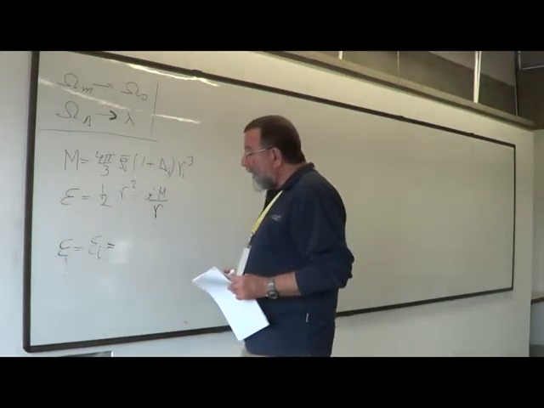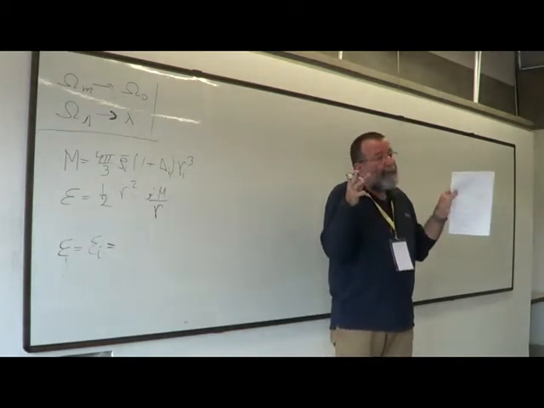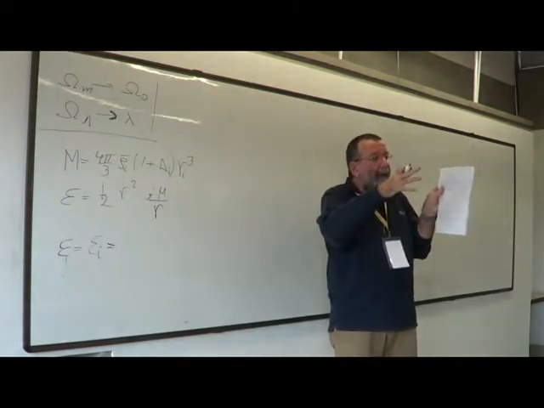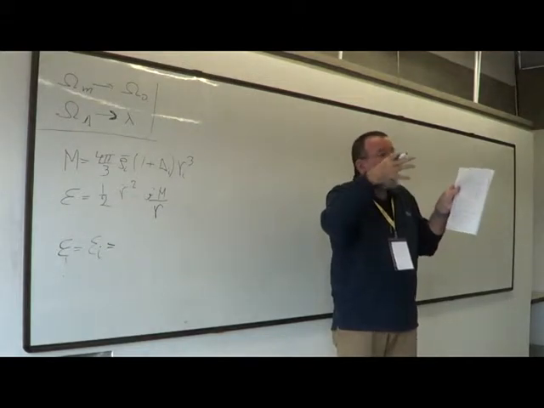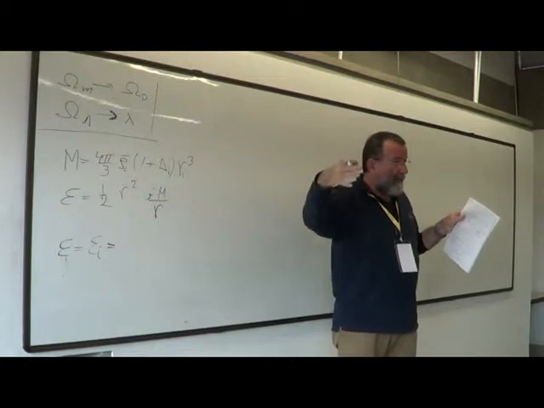And now I'm making the assumption that the perturbation, this top hat perturbation, expands at the initial time at the same rate, at the same speed as the rest of the universe. Okay?